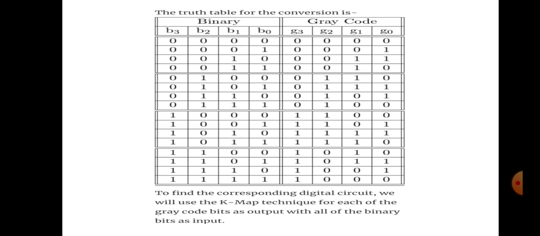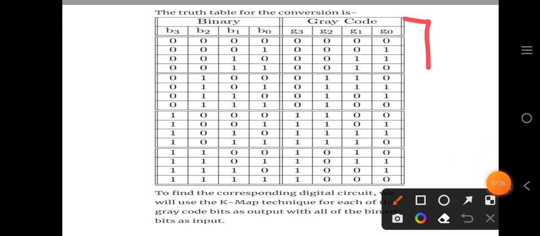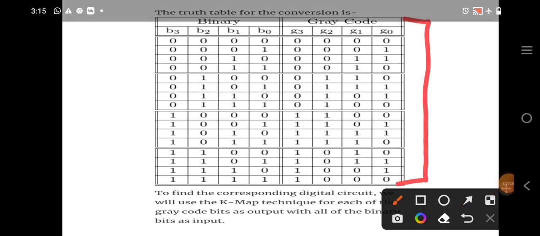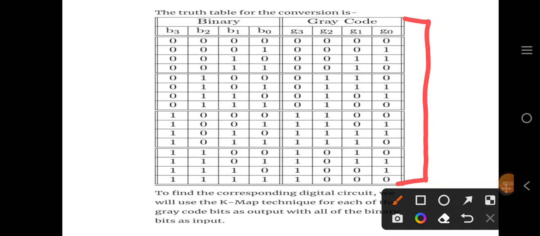I think this conversion we all are already familiar with. Again, one concept, as we know in gray code, the main point is that there is a difference of only 1 bit.